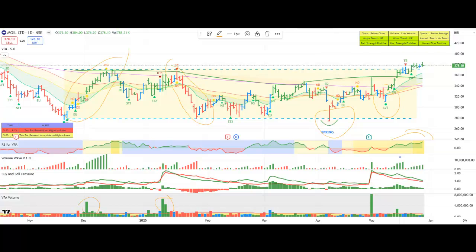So it is trying or setting itself up for moving into stage 2 or the markup phase. But we need to see a lot of volume coming in to push up the prices much further or launch the stock into stage 2 or the markup phase. So we need to see the volumes coming in here.